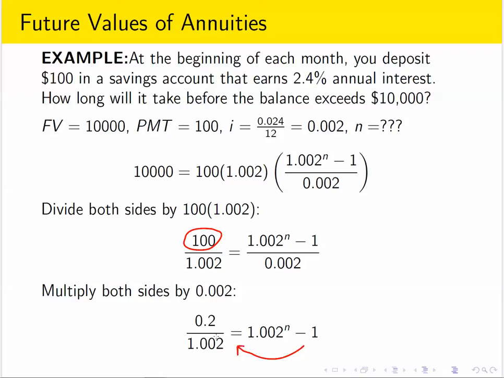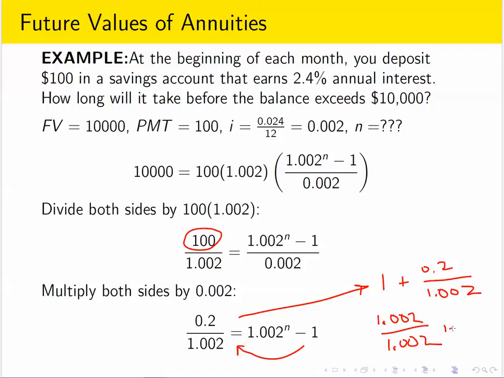Now notice, when I add 1 to both sides, what I'm going to get is 1 plus 0.2 divided by 1.002. And if I want to combine those into a single fraction, what I can do is get a common denominator. So 1 can be written as 1.002 divided by 1.002.